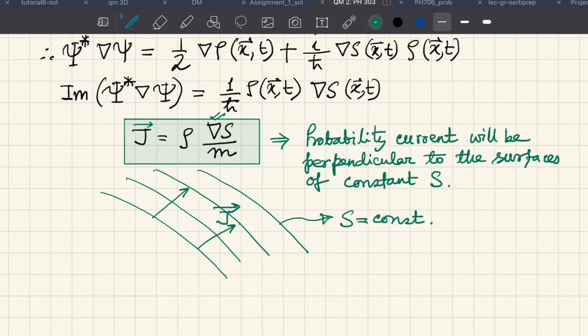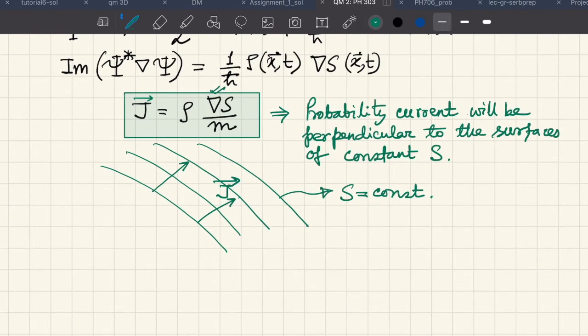Now in classical mechanics or classical physics, we know that a fluid with density rho which moves with the velocity v has a current density rho times v, right?